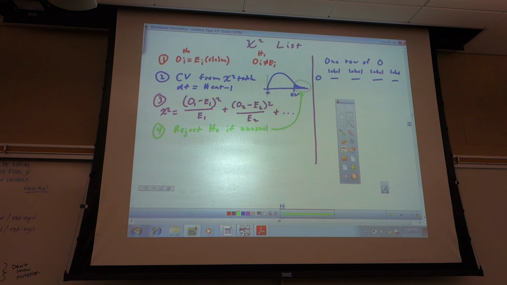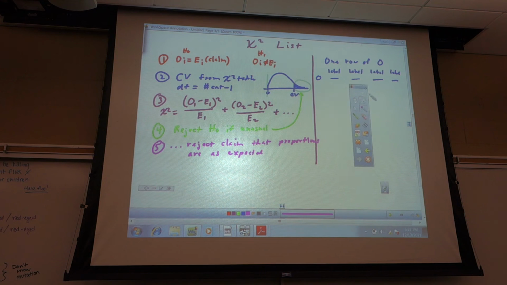And then step 5, that's the one where the claim is always going to be H naught, so it's going to be reject claim. So either you do or do not have enough evidence to reject the claim that proportions are as expected.